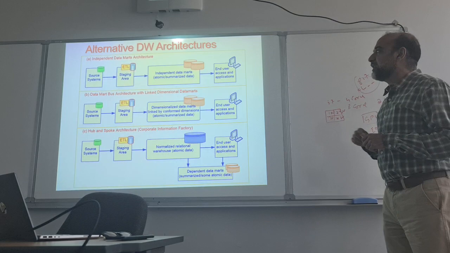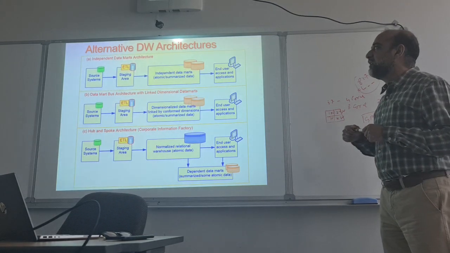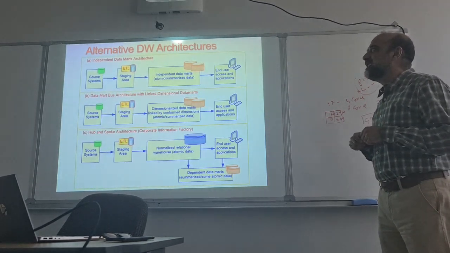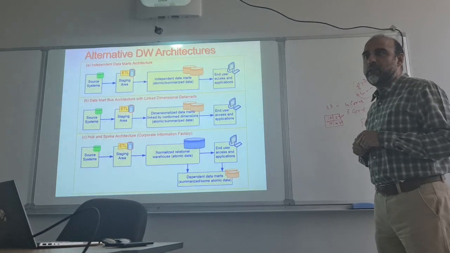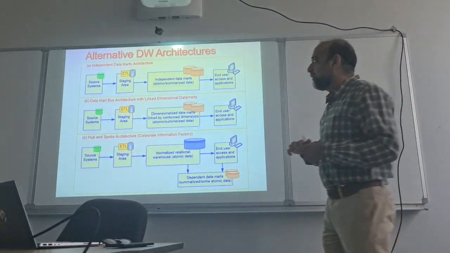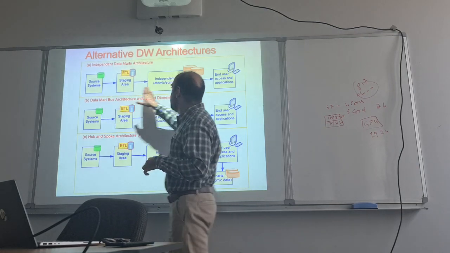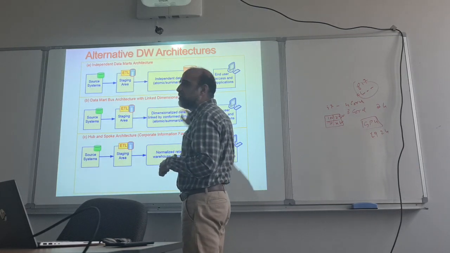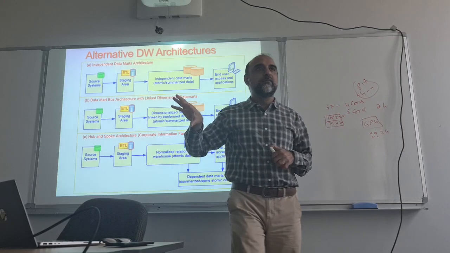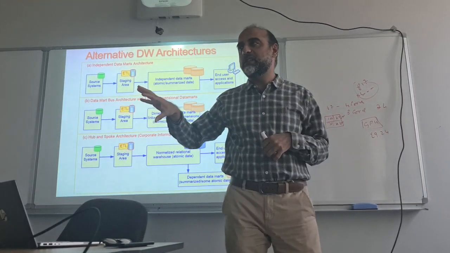So one of them, the first one at the top, what do you see? The first alternative is called independent data marts. As the word says, you just have sources, you clean the data, you put them together, and you don't have a data warehouse, you put them directly in small data marts, okay?